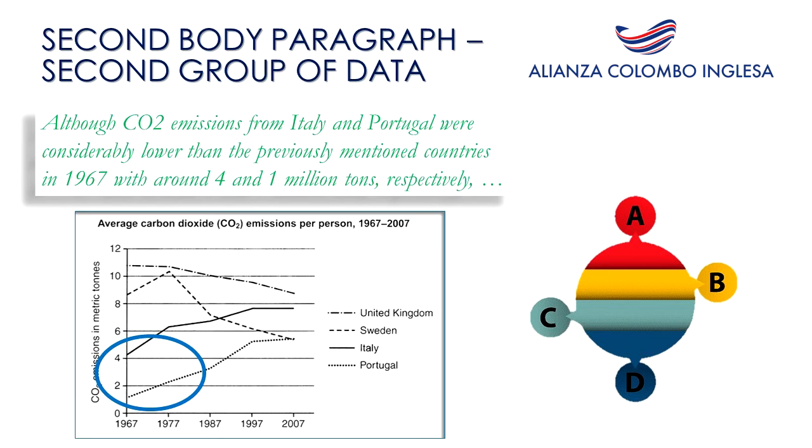And we are saying that these numbers are considerably lower, right? We're comparing them and we're giving the specific amount of these two, so 4 and 1 million tons respectively for Italy and Portugal. So this is the first half of our description. We have compared Italy and Portugal with the previously mentioned countries.